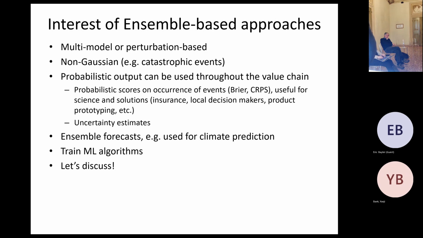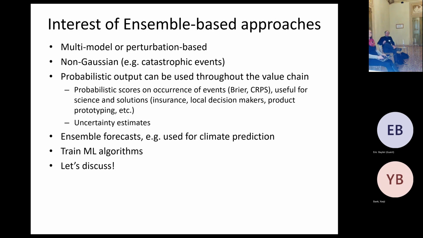So this can be useful both for science, so CoastPredict, and for solutions, so maybe experiment, and also, for instance, for insurance. Insurance people can use probabilistic output, local decision makers, prototyping of products that can be marketed. And also, in addition to probabilistic output, you can have uncertainty estimates, error bars.